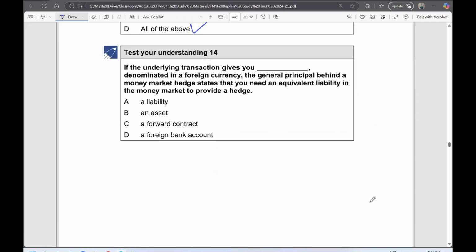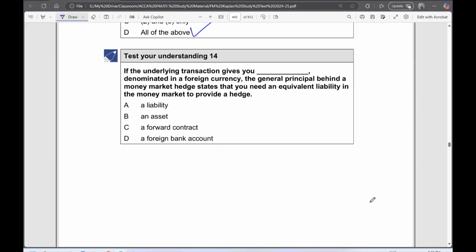And the last question. The idea of the money market hedge is that if you have foreign assets, you should have an equivalent foreign liability.